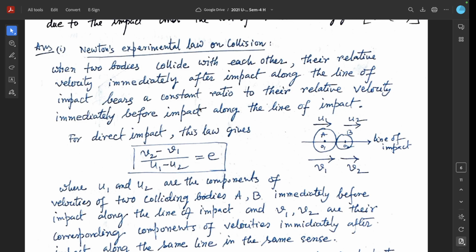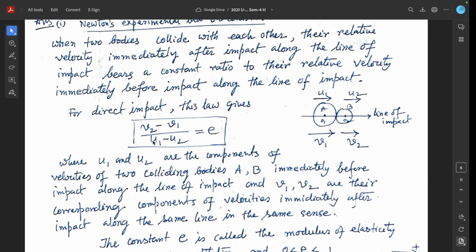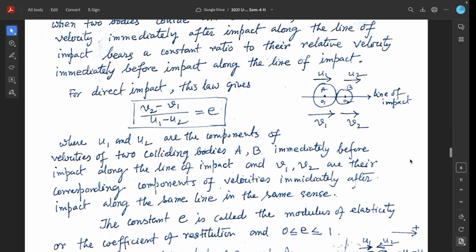For direct impact, this law states that (v2 minus v1) divided by (u1 minus u2) equals e. This is the body A, and just before the collision, u1 and u2 are the velocity components of the colliding bodies A and B along the line of impact, and v1 and v2 are their corresponding velocity components immediately after the impact along the same line in the same sense.